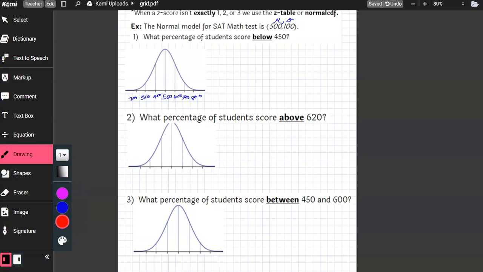Okay, I need to identify below 450. So the first thing that we're doing here is you have to draw a picture. So draw a curve and label the 450. So 450 would be right here. And I want to know the percentage of scores from here all the way up to here.